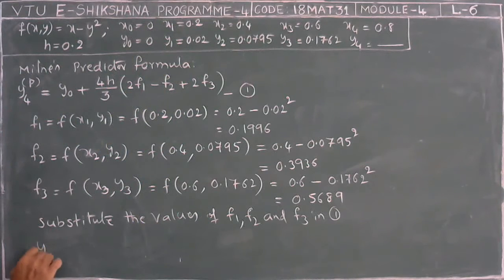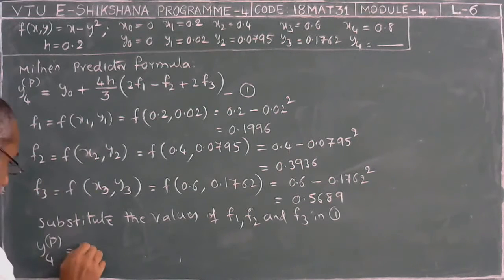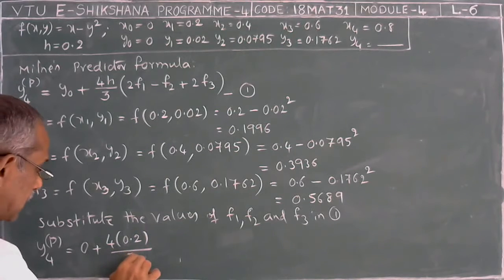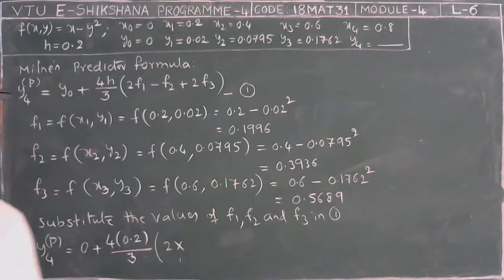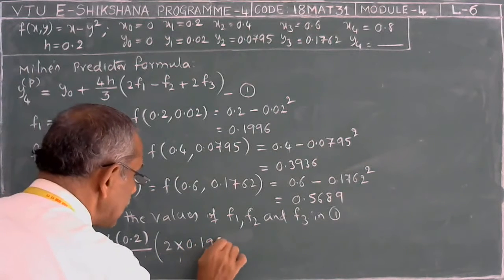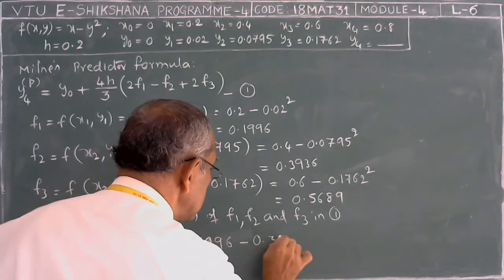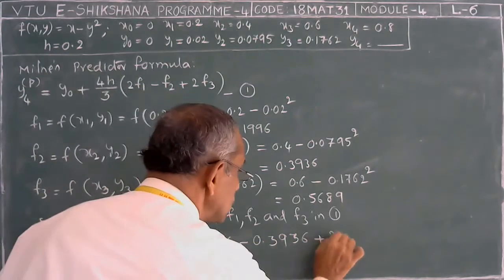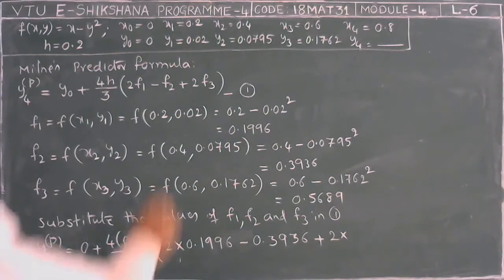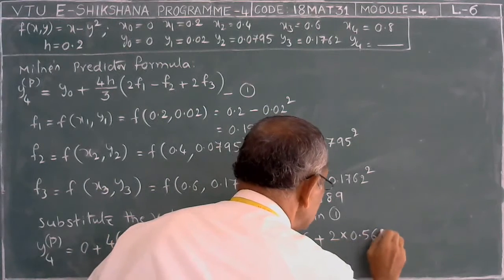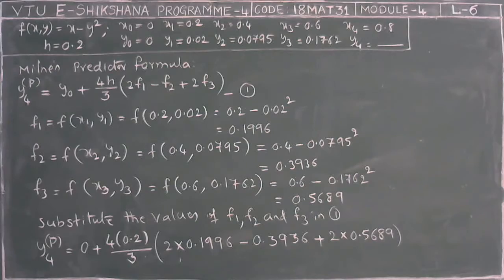So y4p is equal to y0, which is 0, plus 4 into h, 4 into 0.2 divided by 3, into 2 into f1, f1 is 0.1996, minus f2, which is 0.3936, plus 2 into f3, f3 is 0.5689.